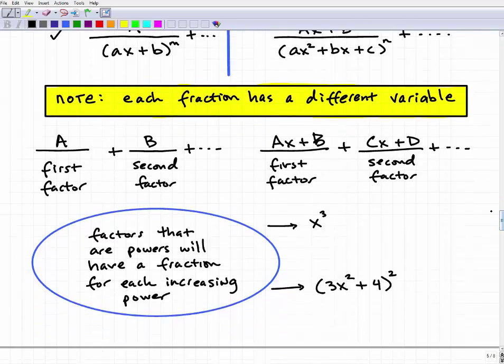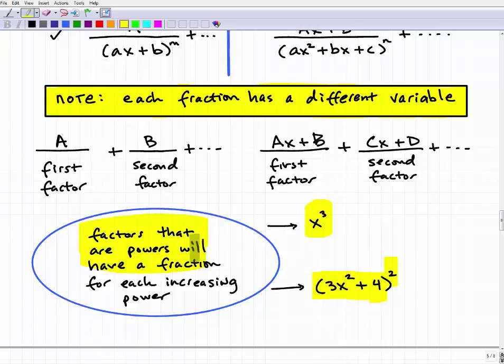Now, a very, very critical thing that we need to learn is what happens when we have powers like x cubed. This is a linear factor to the third power, or this quadratic factor to the second power. When we have linear factors or quadratic factors to a particular power, then we have to do some additional work. It's not hard, but we have to keep this in mind.